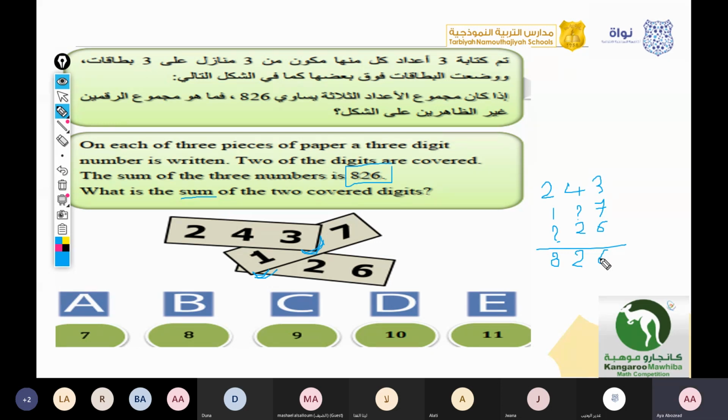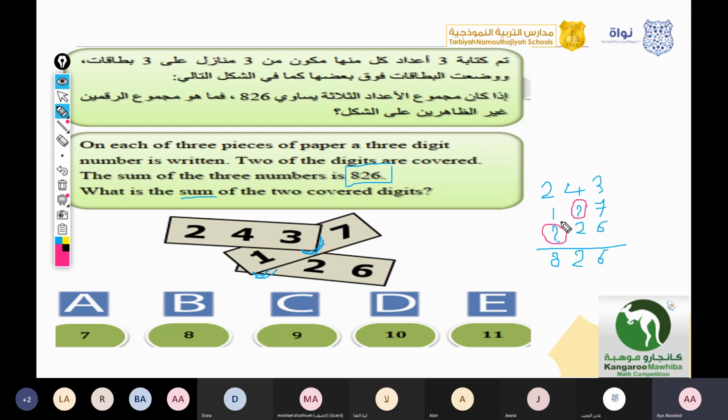Rima, Freda, Mashal, all of you solved. I'm waiting for Lena, Ransi. What is this number and what is this number also, and after that we will add them. Joanna, I'm waiting for your trial. Okay, wait.